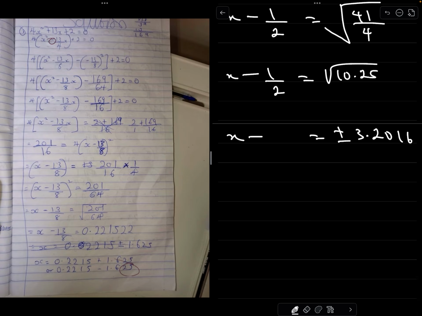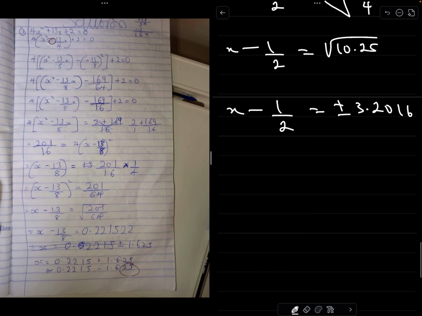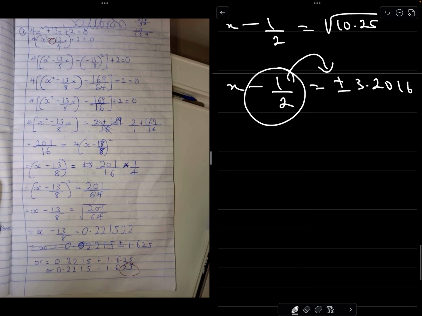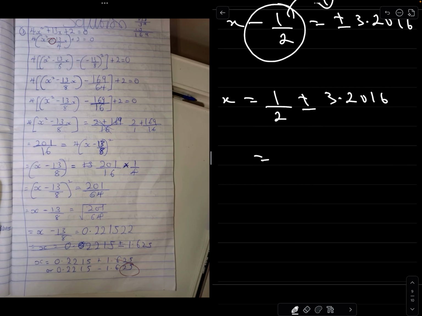That simply means x minus 1 over 2 is equal to plus or minus 3.2016. Now we move this minus 1 over 2 to the right hand side and it becomes plus 1 over 2. So we have x equals 1 over 2 plus or minus 3.2016. We know that 1 over 2 is same as 0.5.